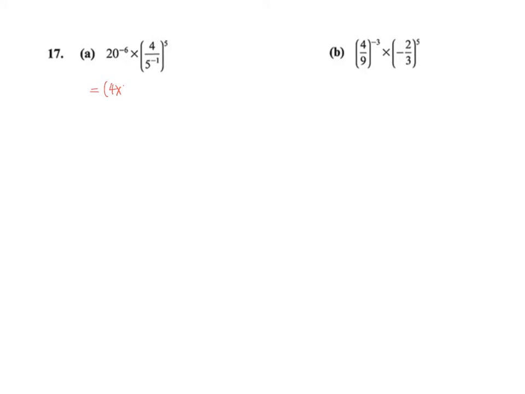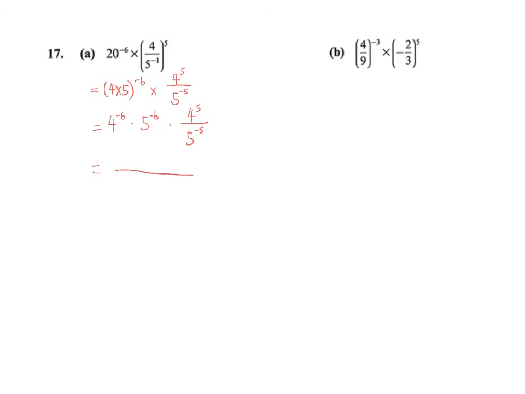So I can change it to 4 times 5 whole thing to the power negative 6. And for this one, I can distribute the index 5 into the bracket, so we will have 4 to the power 5 over 5 to the power negative 5. And then the negative 6 can be put back, so we'll have 4 to the power negative 6 times 5 to the power negative 6 times 4 to the power 5 over 5 to the power negative 5.